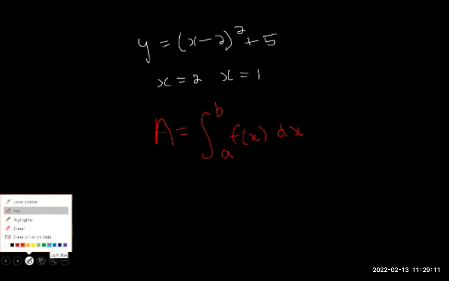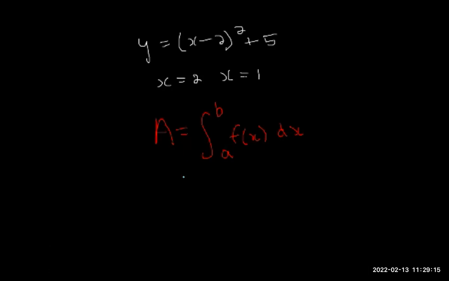If it helps, okay, do it, but it's really not necessary. So B is 2, A is 1, and f of x is the curve, (x minus 2) all squared plus 5. Then you put your dx.